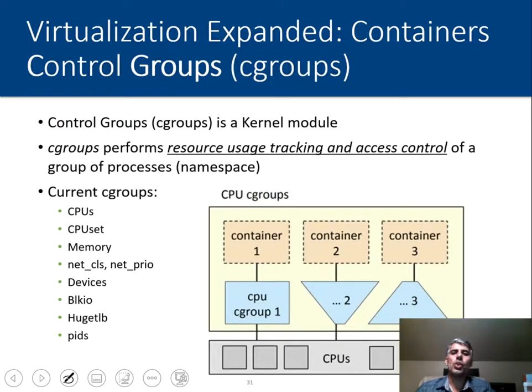Another module of the host operating system that is useful is called control groups, or C groups. C groups is a kernel module, and its job is like a police. Its job is being careful that a process does not go beyond the resources it is allocated.